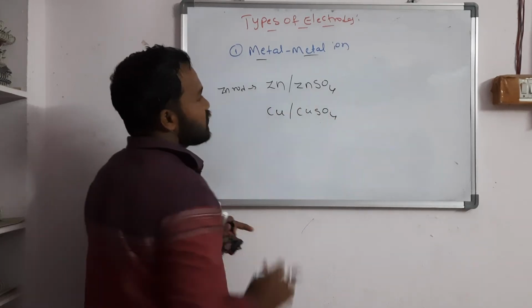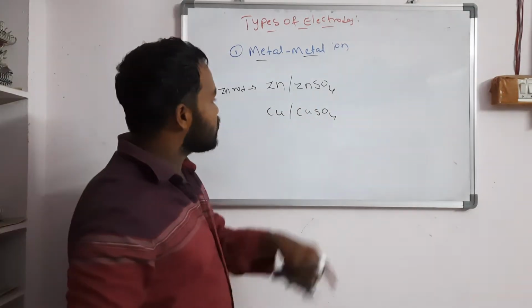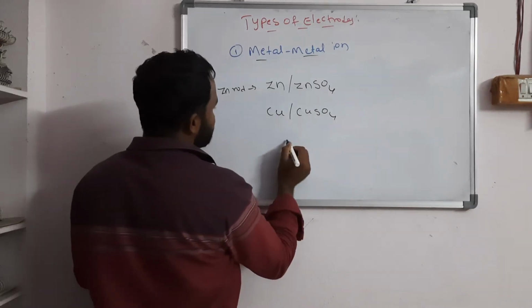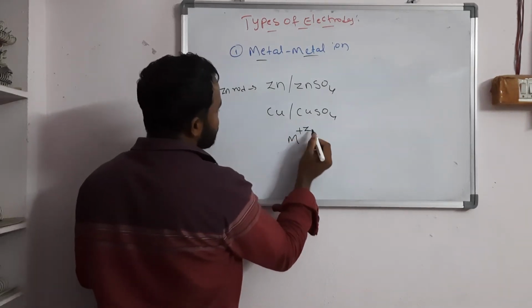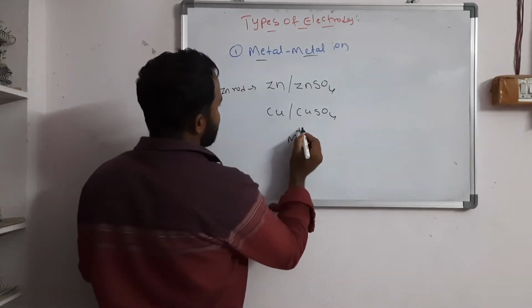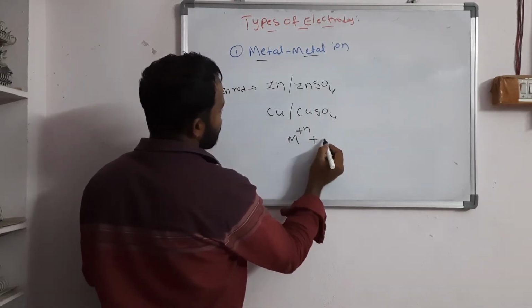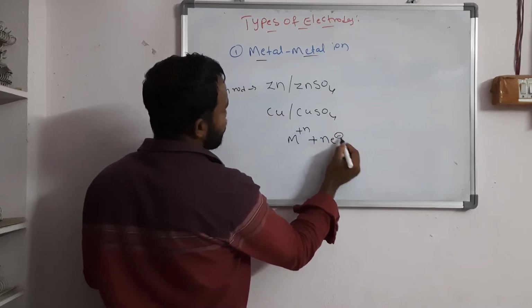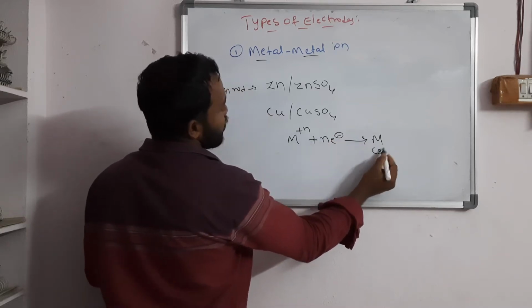For example, a zinc rod in zinc sulfate, a copper rod in copper sulfate solution, etc. That means M plus n electrons, by gain of n electrons, it is converted into the metal in solid form.